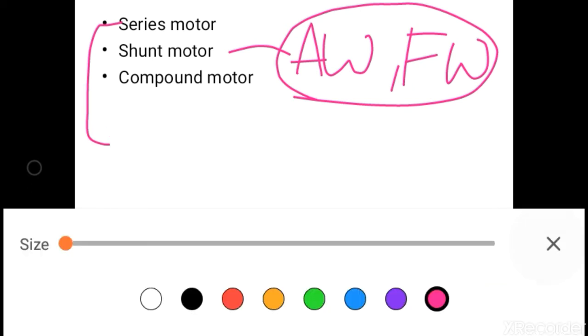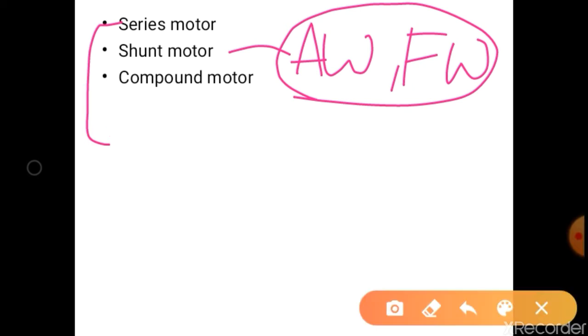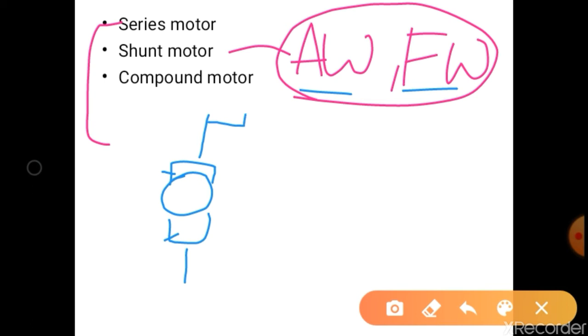In the series motor, the name itself indicates that these two windings are connected in series. This is our armature, these are the two brushes of the armature, and this is the field coil. It is connected in series with the armature.